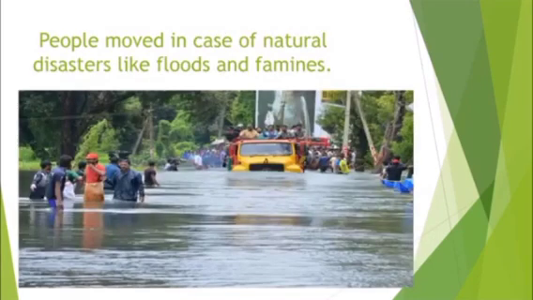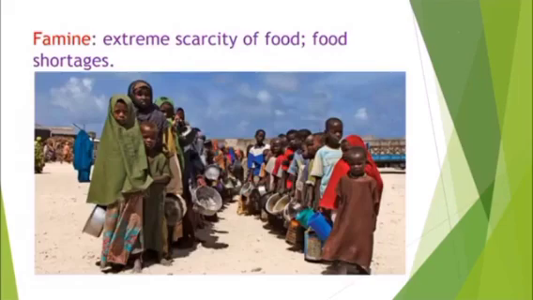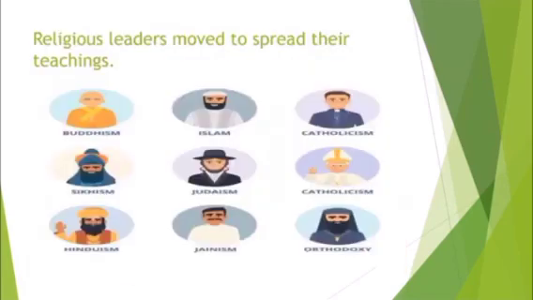The next reason is people moved in case of natural disasters like floods and famines. Famine means extreme scarcity of food or food shortages. The next reason is religious leaders moved to spread their teachings.